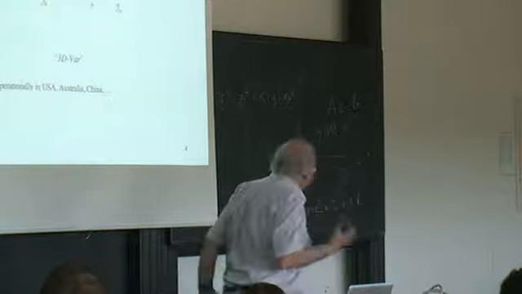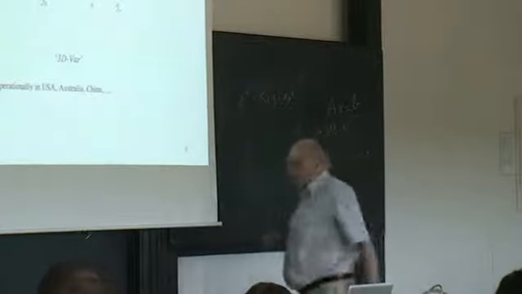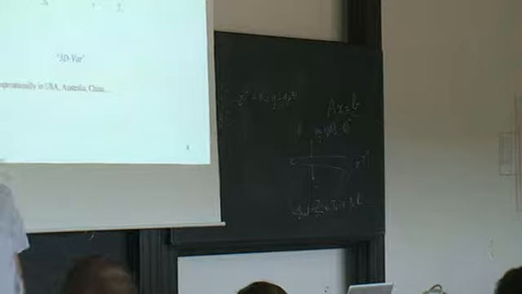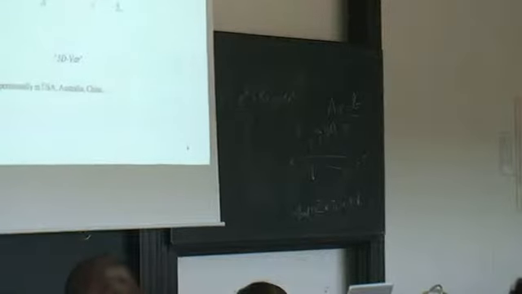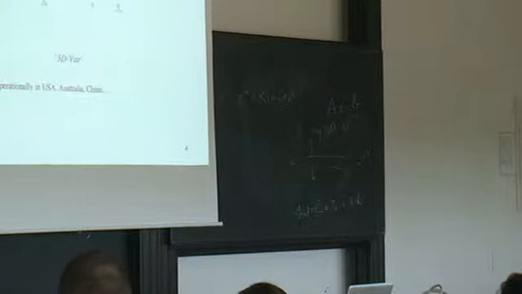If you have a quantity X which is distributed according to a probability distribution P of X, and you look for one estimator which minimizes the expectation of the square of the difference between the estimate and the real value X.